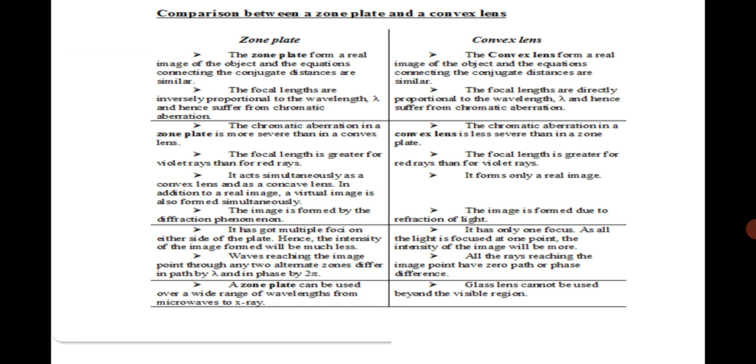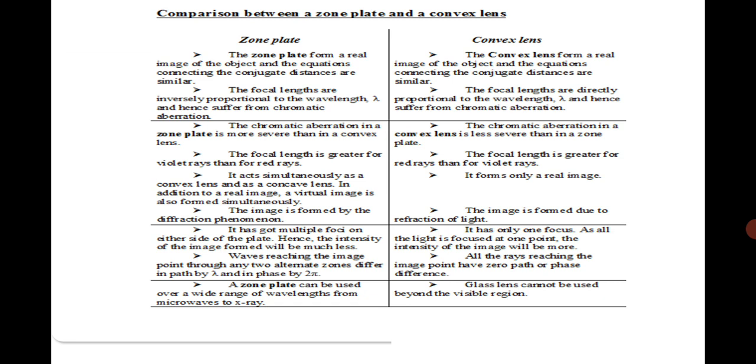So here in the convex lens we see point 1: the convex lens forms a real image of the object and the equations connecting the conjugate distances are similar. Point 2: the focal lengths are directly proportional to the wavelength lambda and hence it suffers from chromatic aberration.